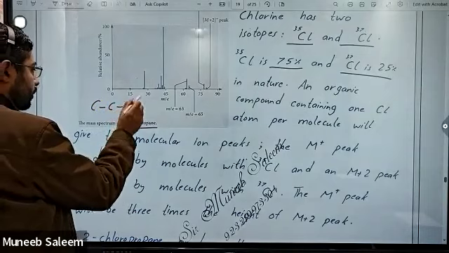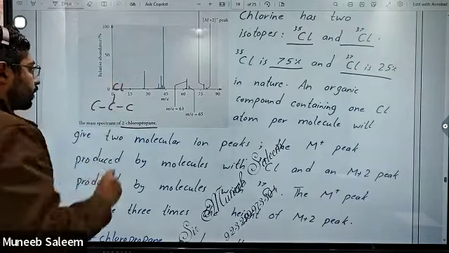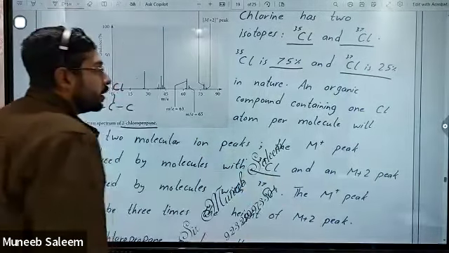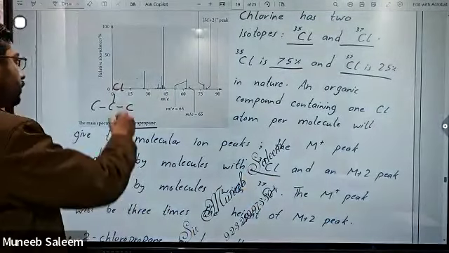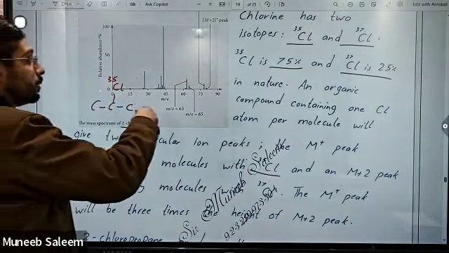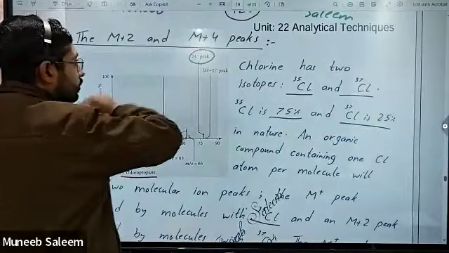There are 3 carbon atoms, and on carbon number 2, we have the chlorine element of isotope 35, which is present by 75%. So this is an isotope 35. This will produce the molecular ion peak at this value.